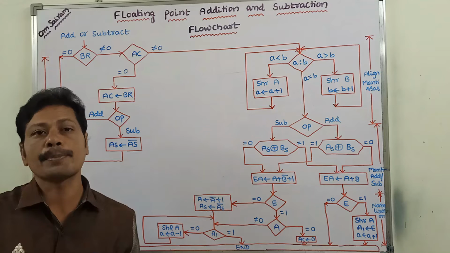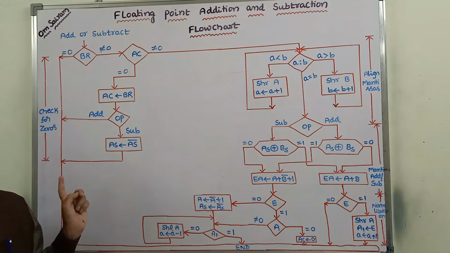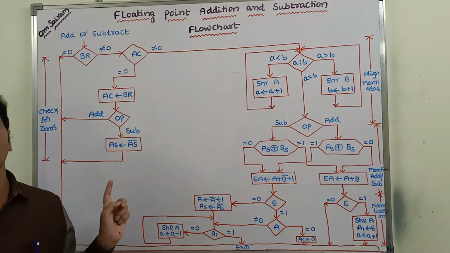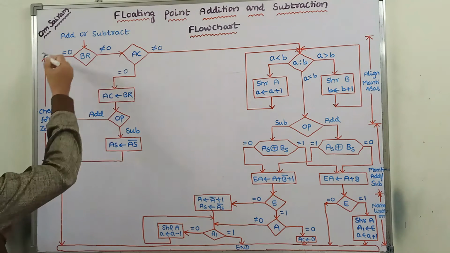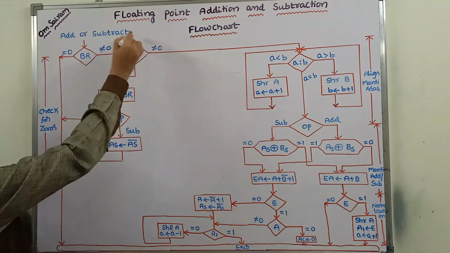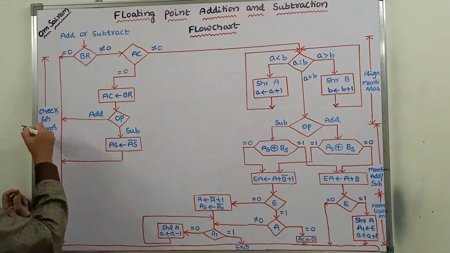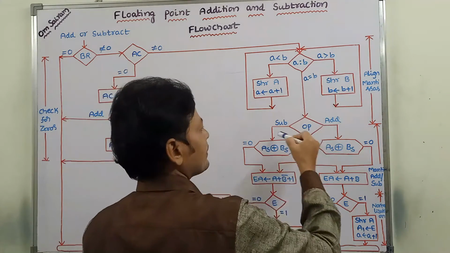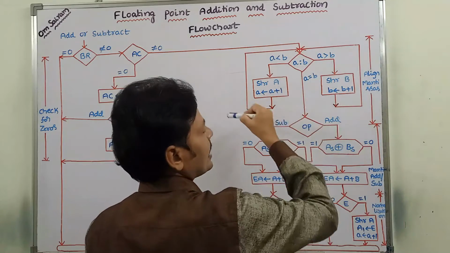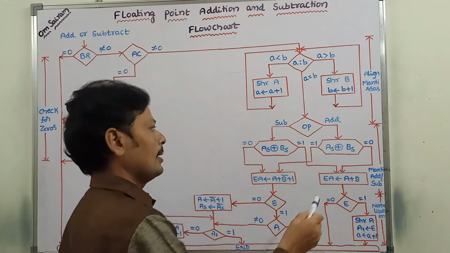These 4 steps are included in this flowchart for performing the floating point addition and subtraction. Up to this point is the first step, check for zeros. Next, this one represents the second step, align the mantissas.